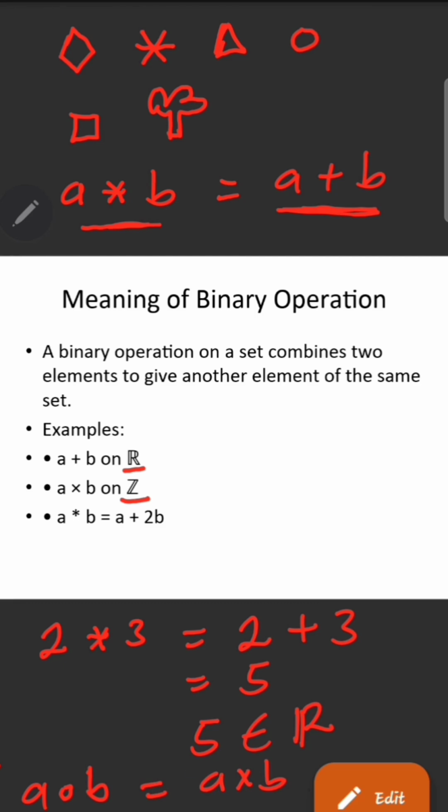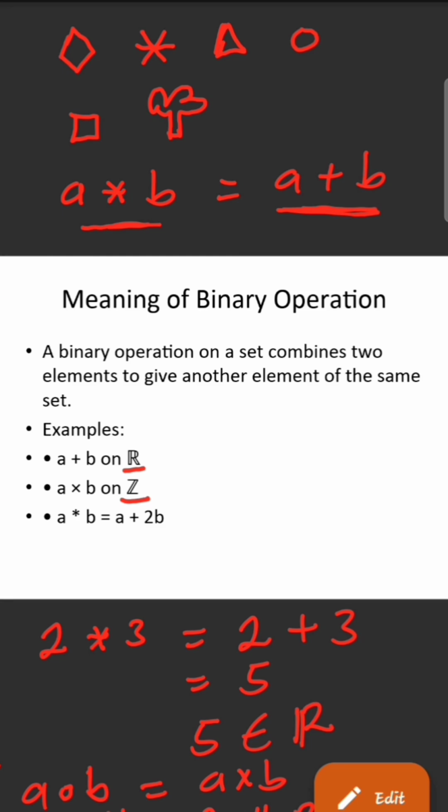So if you are given 2 operation 4, using the circle, that will give us what? Since A operation B is A times B, 2 operation 4 would be 2 times 4, which is equal to 8. That's how to define a binary operation. Hope you have copied that.